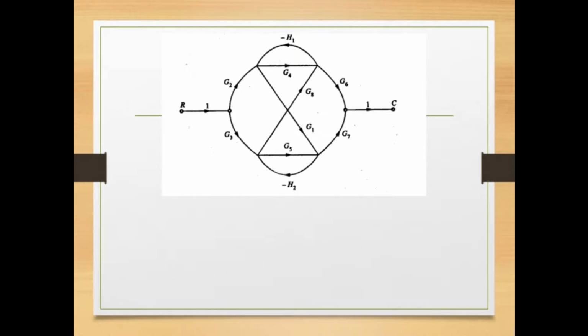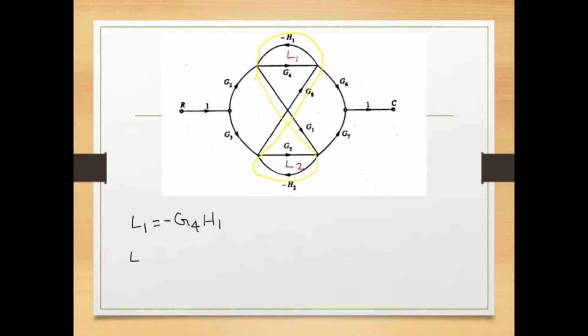The first loop we write as L1, this is L2, and the path which I trace is L3. L1 has a gain G4 into minus H1, so it is minus G4 H1.